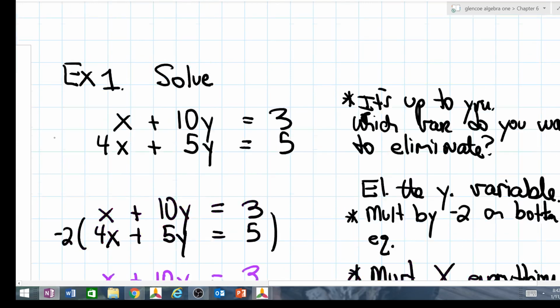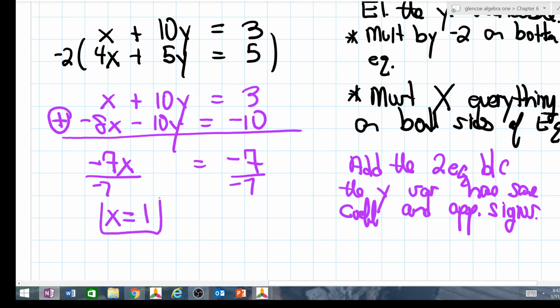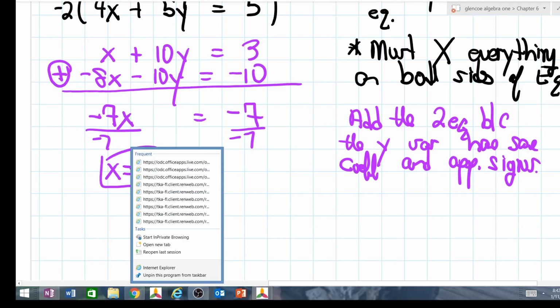Okay? So we're going to add. So we're going to put that right there. x plus a negative 8x is a negative 7x. 10y plus a negative 10y is 0. And 3 plus a negative 10 is a negative 7. Divide each side by negative 7, and we get x equals what, guys? 1. x equals 1.